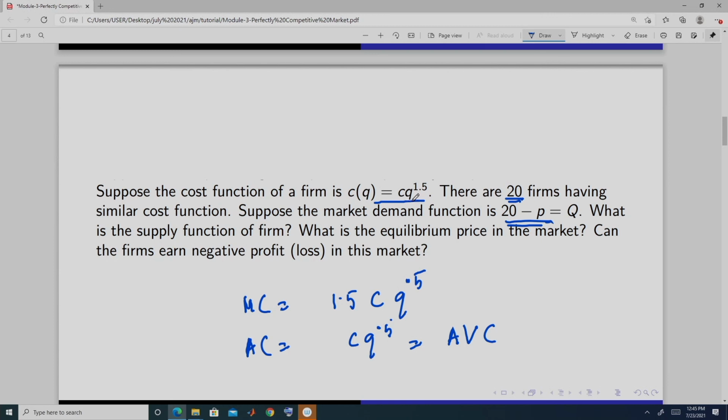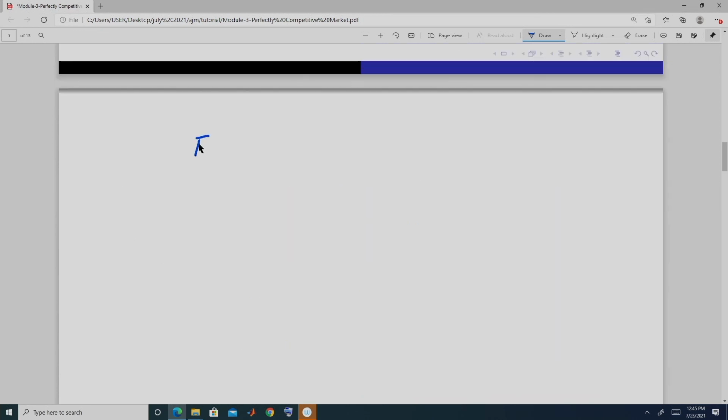Now, what is the profit function of any firm? This is the profit function.